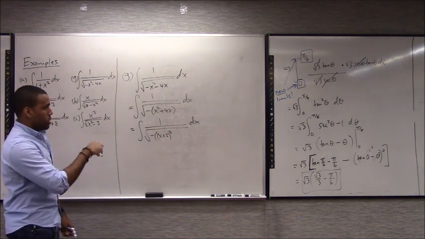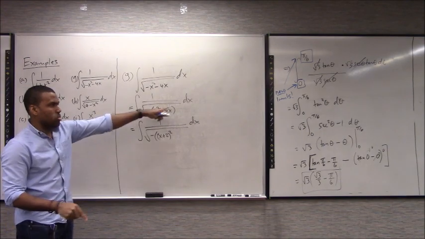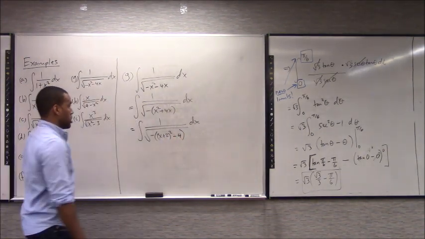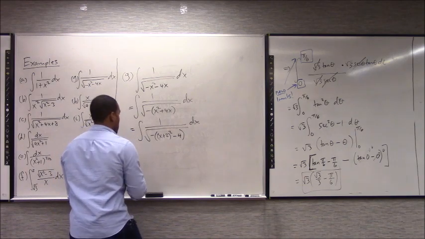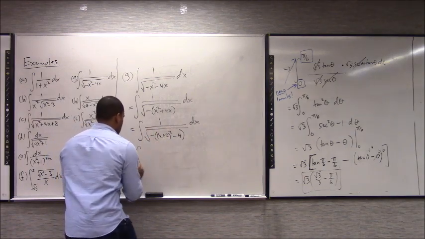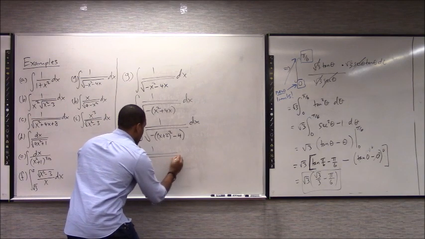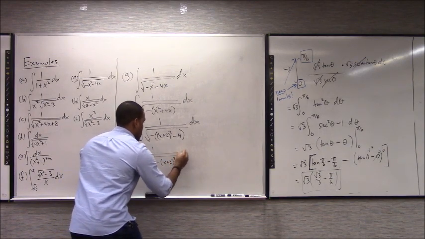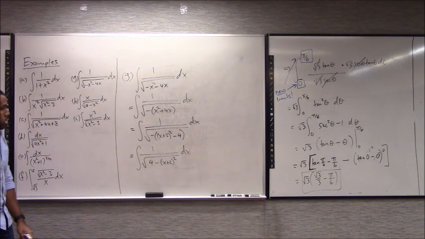That'll give me x squared plus 4x plus 4, but there's no plus 4, so I have to subtract 4. And now I can distribute the negative sign. That'll give me a plus 4 minus x plus 2 all squared. So that original integral simplifies into that integral, and how do we continue?